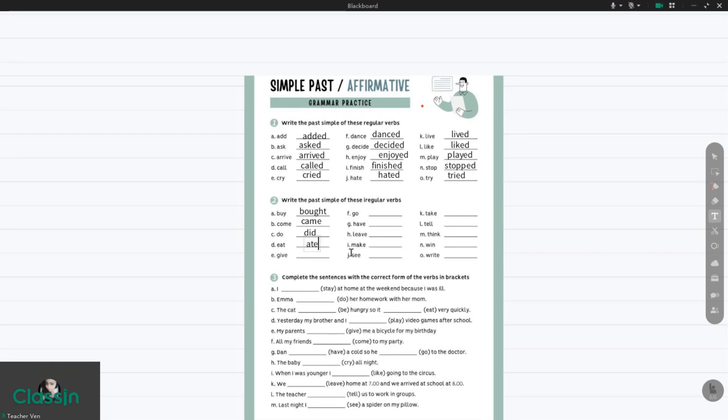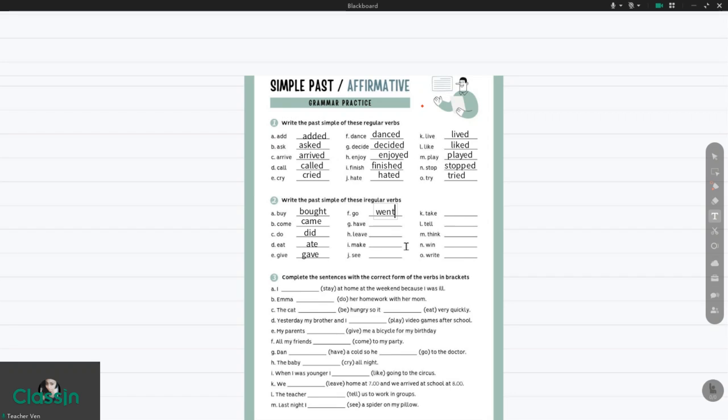Ate. Yes, perfect. And for the word give, the past of give is gave, right? Gave. Okay. And for our next word, which is go, it becomes went, right?